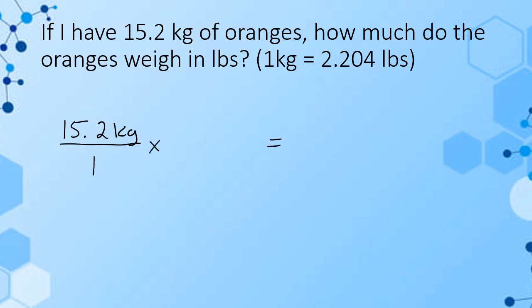I know that the answer I want needs to be in pounds. I'm going to use my conversion factor. 1 kilogram equals 2.204 pounds. And I can write that either way.